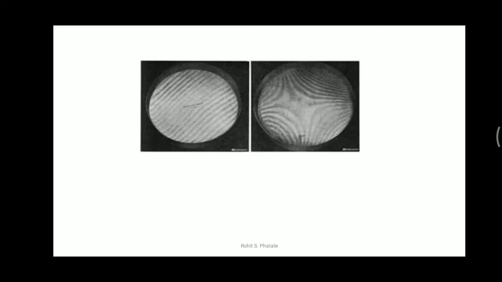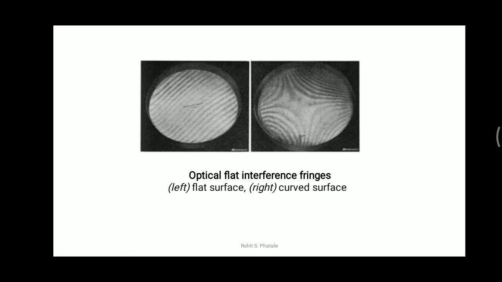Okay, let us understand some next examples. So these are the next examples. Optical flat interferometer interference fringes are there. The left side will indicate the flat surface, where we get exactly parallel fringe patterns.